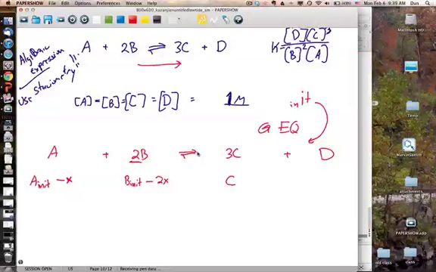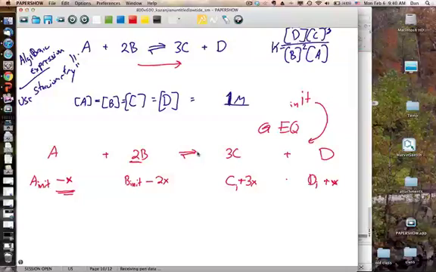So for every 1 A that's consumed, we generate 3 C. Where this is a negative sign, this would represent a positive sign, plus 3X. And similarly, we could say for D initial, whatever it is, would be plus X.